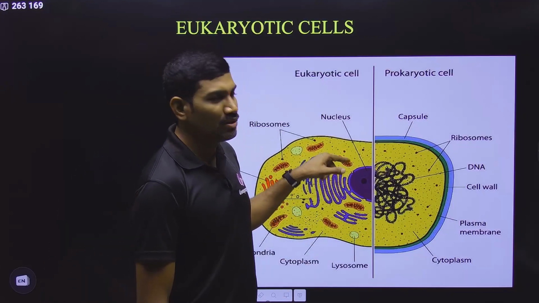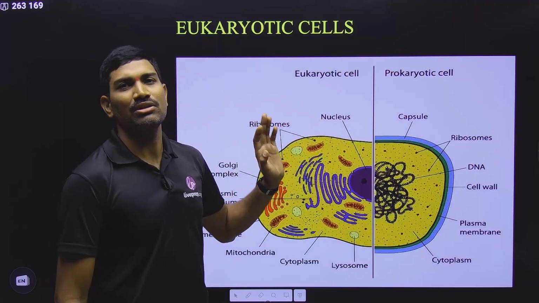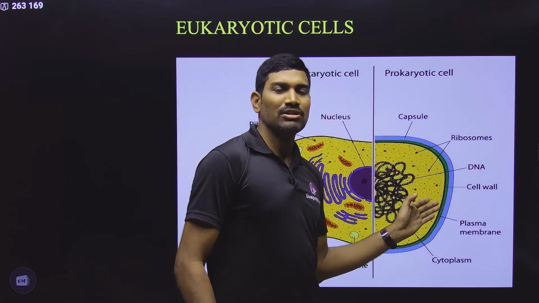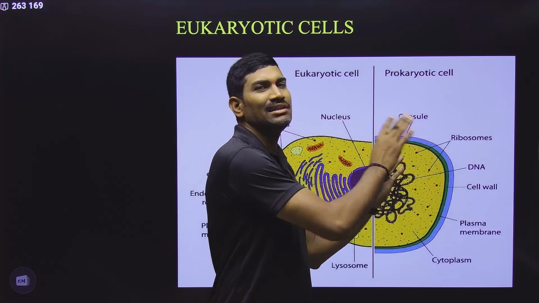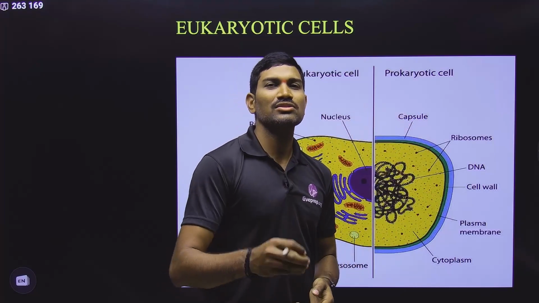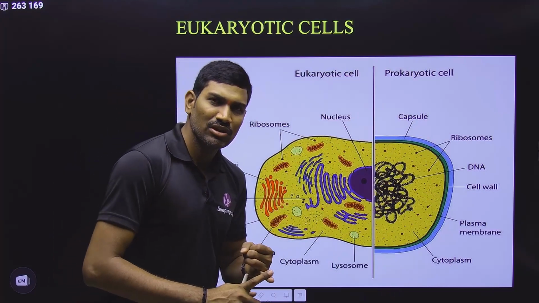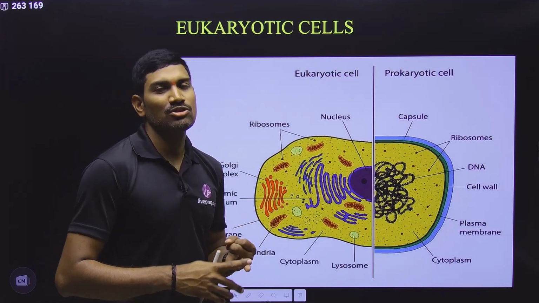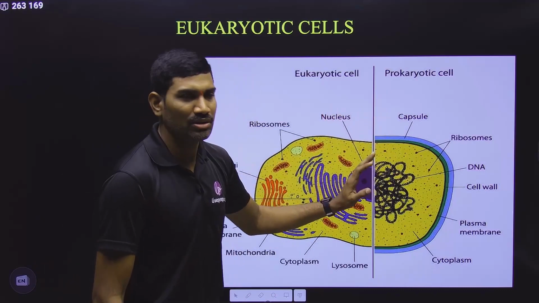Inside the nucleus, DNA is organized into chromosomes in eukaryotic cells. But in prokaryotic cells, chromosomes are not present. DNA is present directly in the cytoplasm, and that is called the nucleoid. The DNA itself, and even that location, is called a nucleoid. Clear? This is what we studied for the prokaryotic cell.